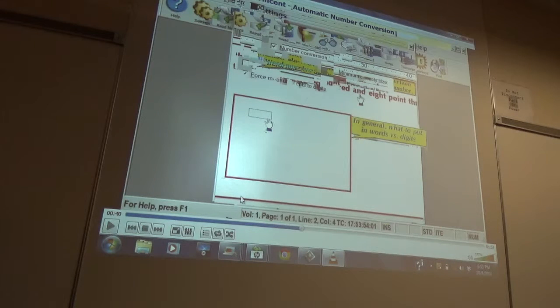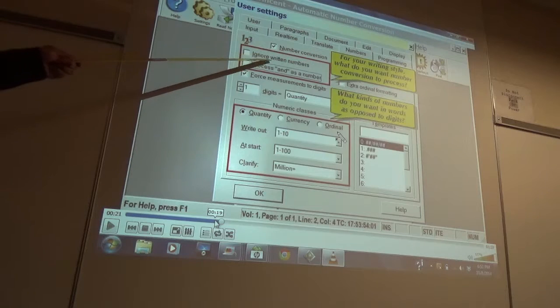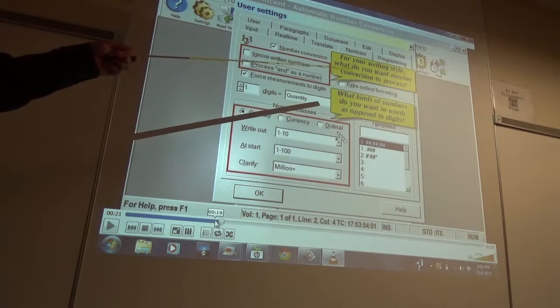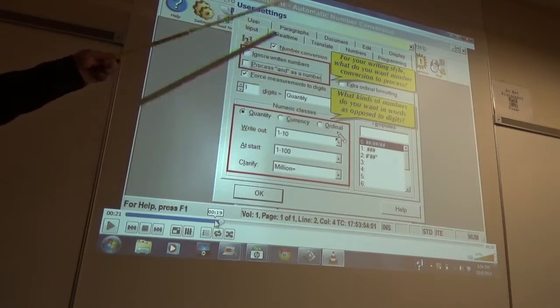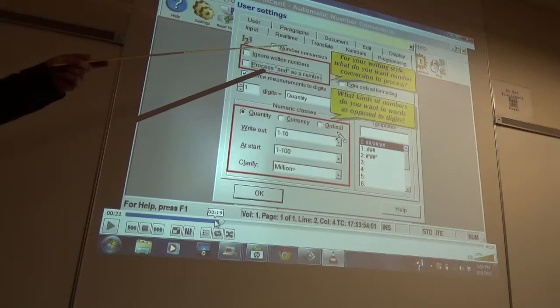I'm going to go back and kind of explain it. What numbers do you want in? So if you check this box right here, it's always going to ignore written numbers. So if you write out all your numbers, but you want them in numerals, check that box. Okay?